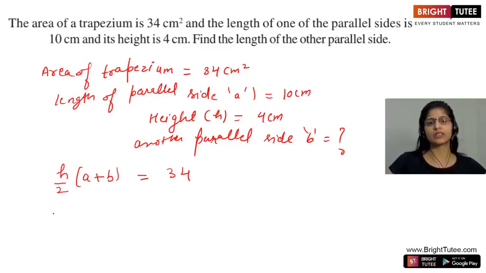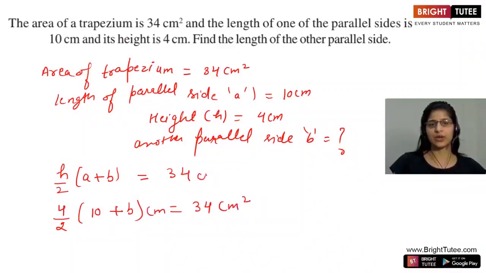H is given as 4 upon 2. One of the parallel sides is 10. We have to calculate the second one, and it equals 34. Here we have centimeter, and here we have square centimeter. So how will you find it out?